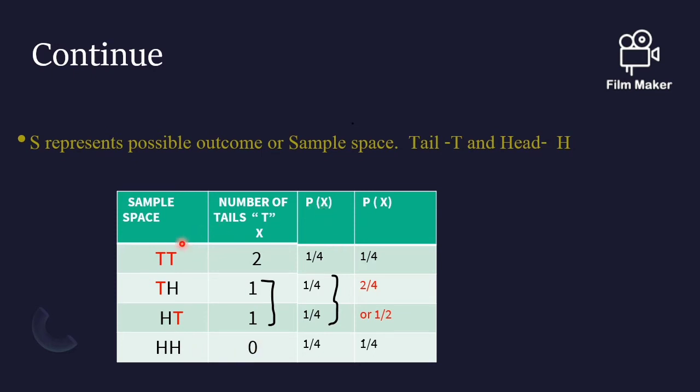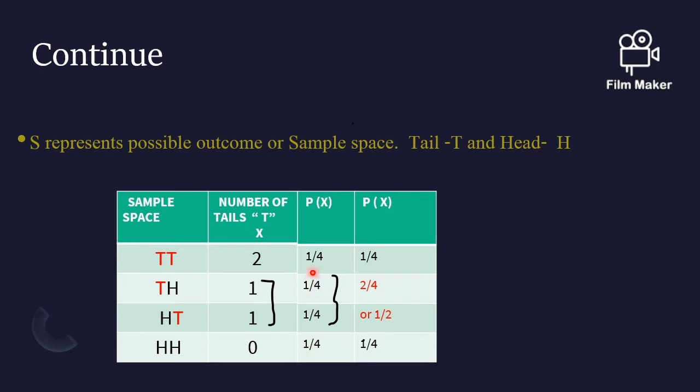So we have already made 1, 2, 3, 4 outcomes, so divided by 4, divided by 4, divided by 4, divided by 4. And each of these represents 1.